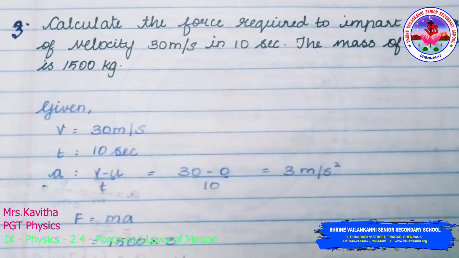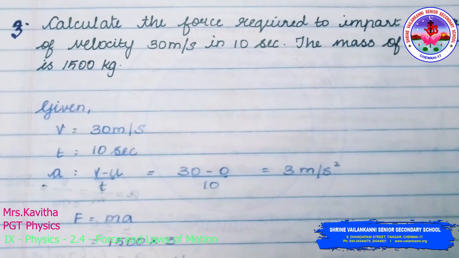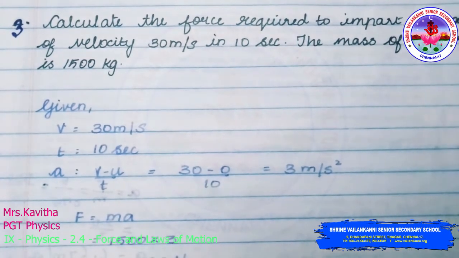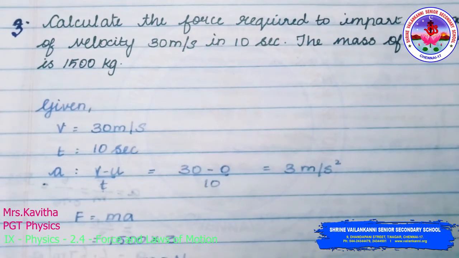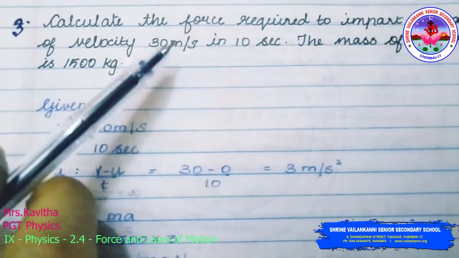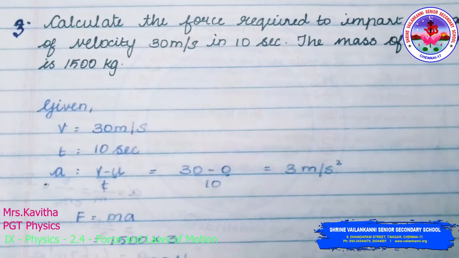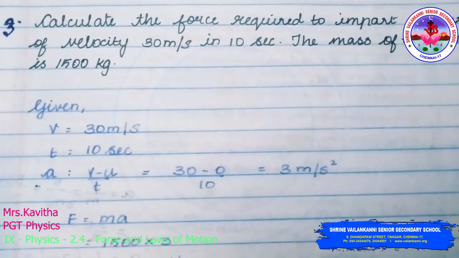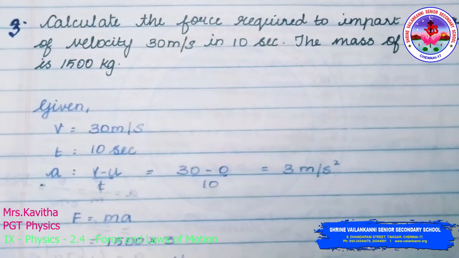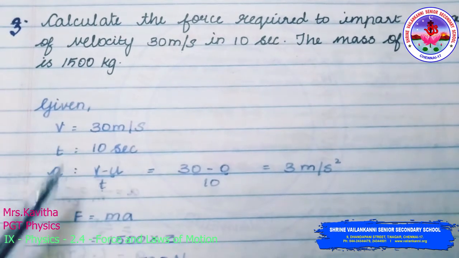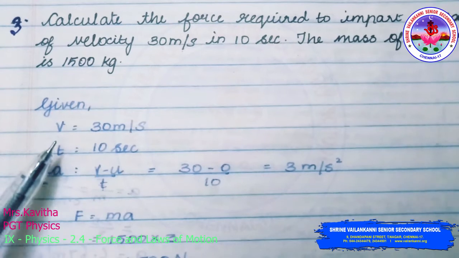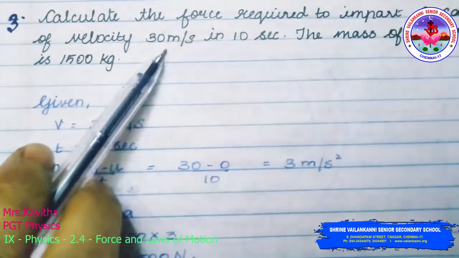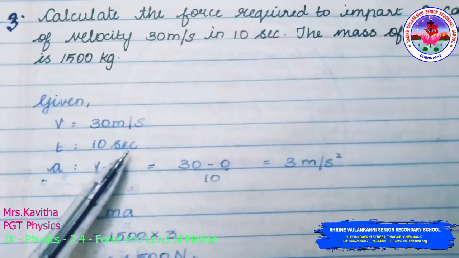So next question, calculate the force required to impart to a car a velocity of 30 meter per second in 10 seconds. The mass of the car is 1500 kilogram. Right. So what they have given, as usual we write the given first. So v which is equal to velocity which is equal to 30 meter per second and t within 10 seconds.